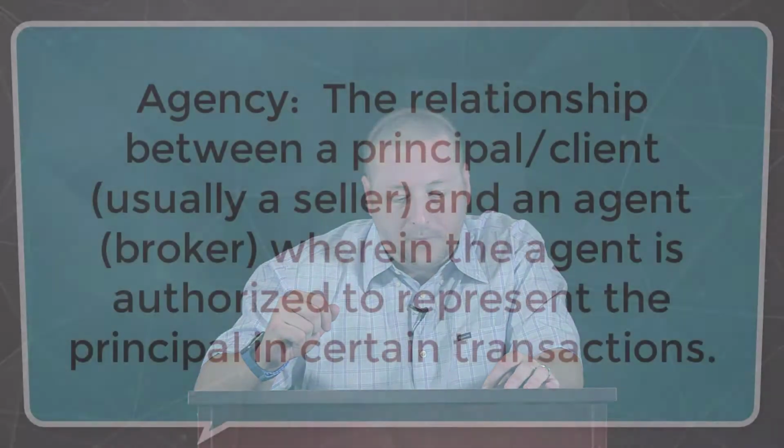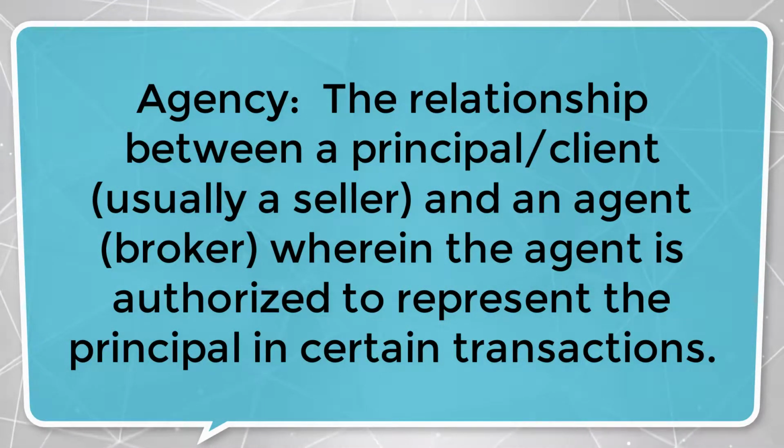So let's take a look at the definition of agency. It's the relationship between a principal/client, usually a seller, and an agent/broker, wherein the agent is authorized to represent the principal in certain transactions. That's exactly what I was talking about. That's what brokerage is, right? So when we talk about agency or an agency relationship, we have an individual, usually a seller.